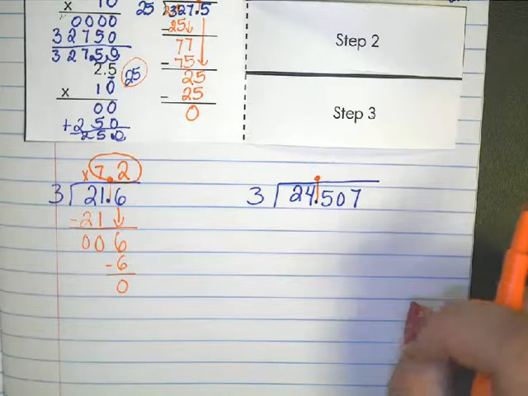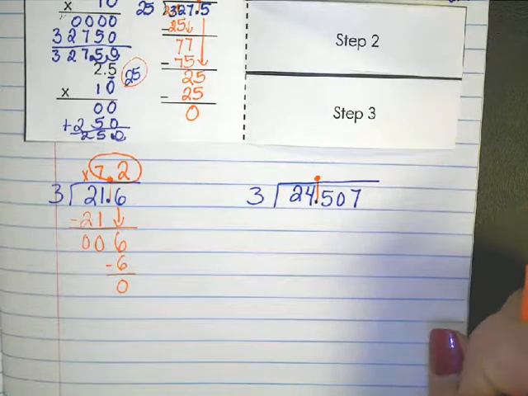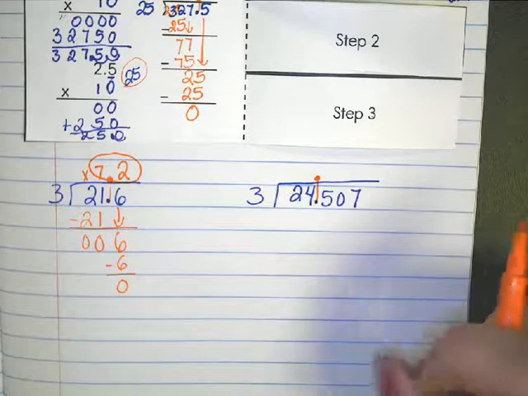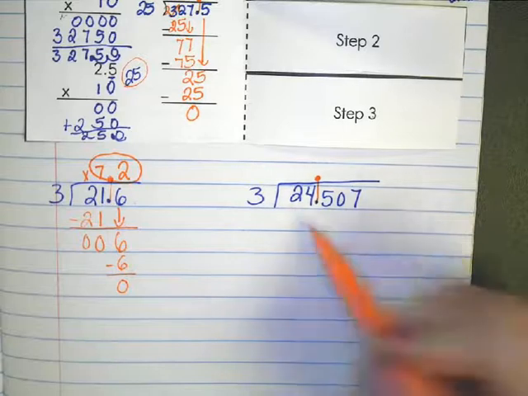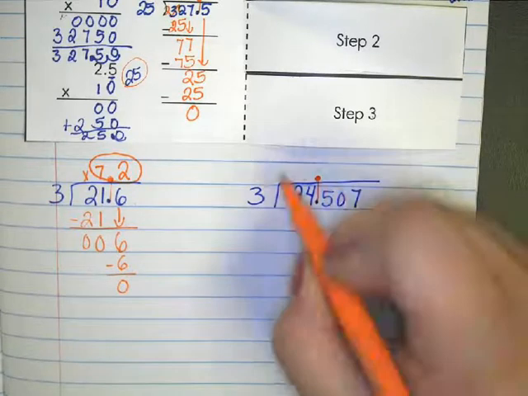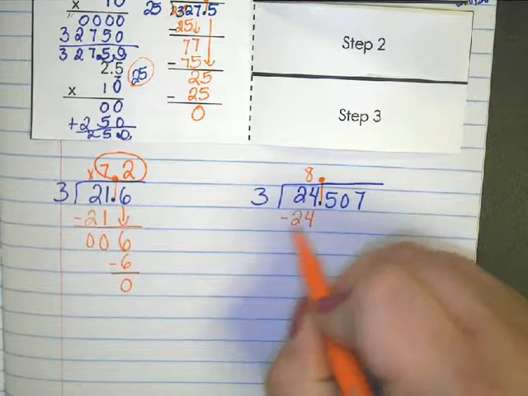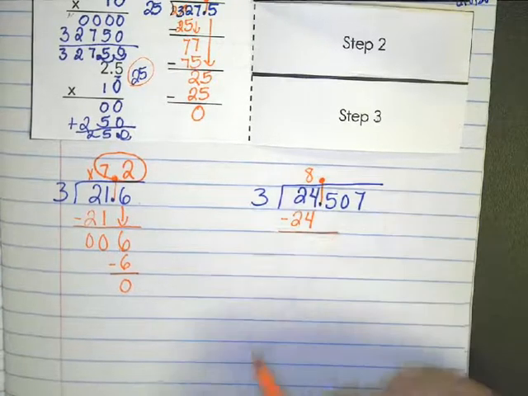I think it's 8. You think it's 8. So 3 goes into 24 8 times? Yes, you are correct. So 8. Subtract my 24. 24 minus 24? 0. Bring down my 5.